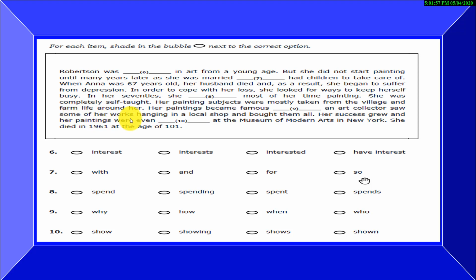When one of those who collect artworks saw some of her works. So, verb see, past, so what? Some of her works hanging in a local shop in her village.